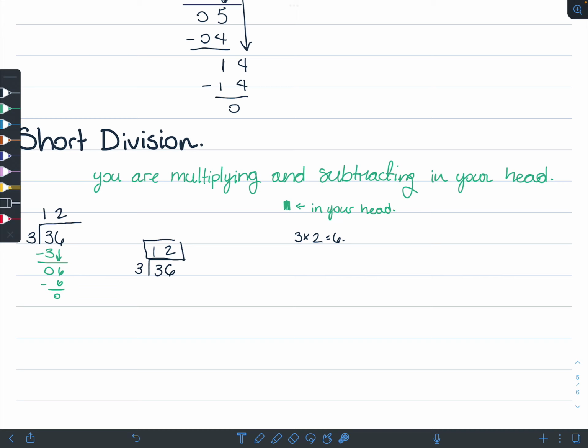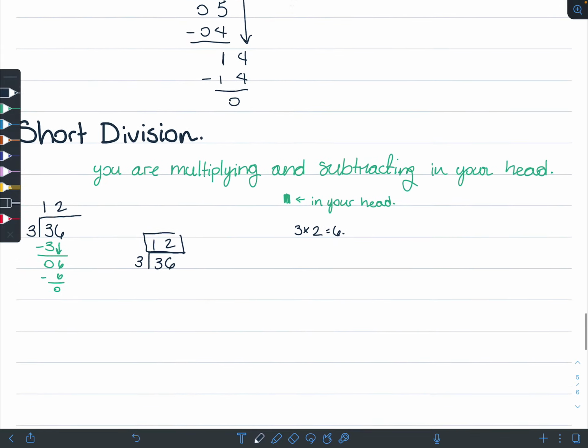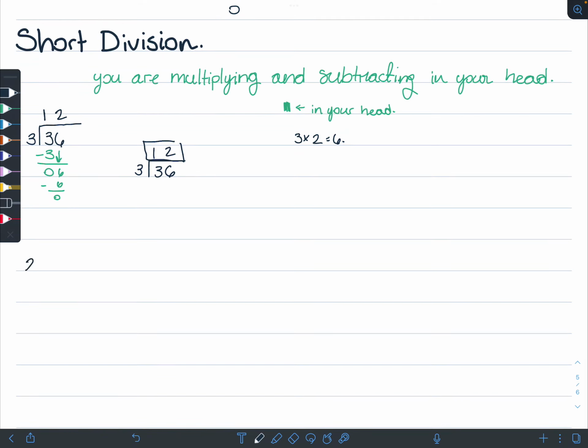Now let's do the second example that we already did. So we had 2 divided by 2,254.